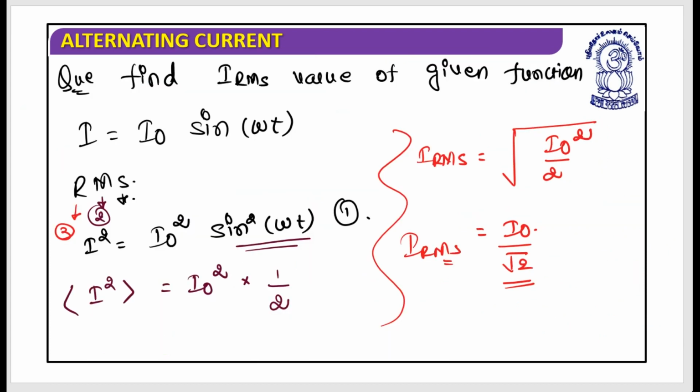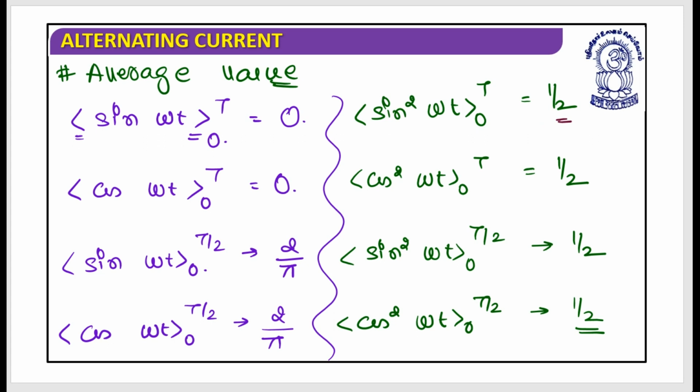I need to remember the average value of these functions, because alternating currents are basically sinusoidal functions, and they would be of sine or cos, not other than this. So please do remember this. This will help you definitely.